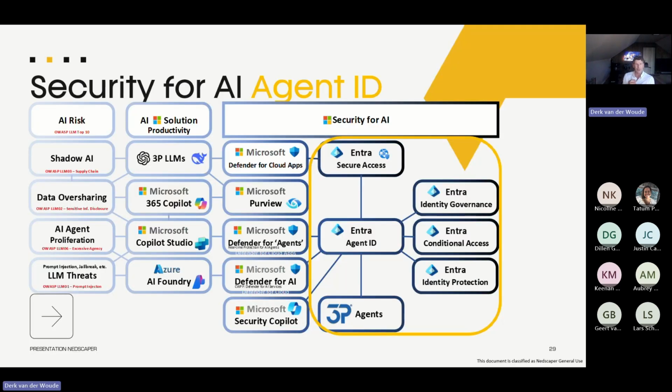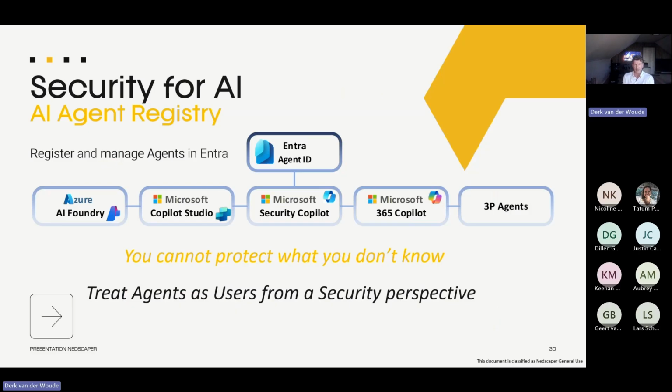Going back to my framework again, on the right side are all the components related to the announcement of Agent ID. If you look at Entra, Entra is the registry. So all agents from Microsoft, but also from third parties, will be registered in Entra ID.